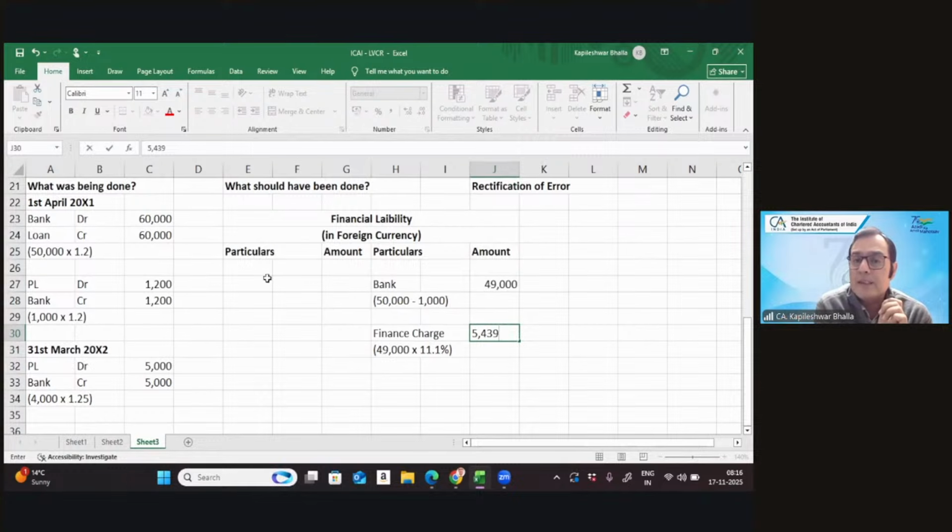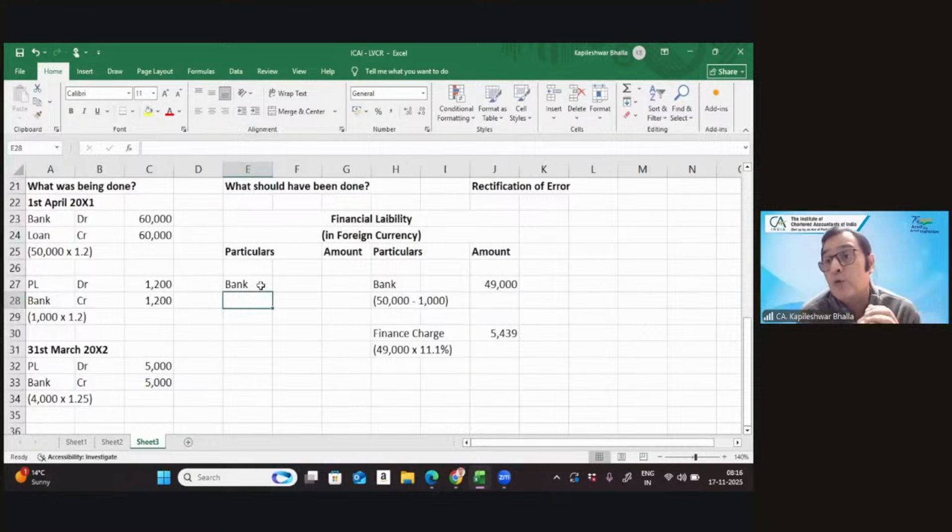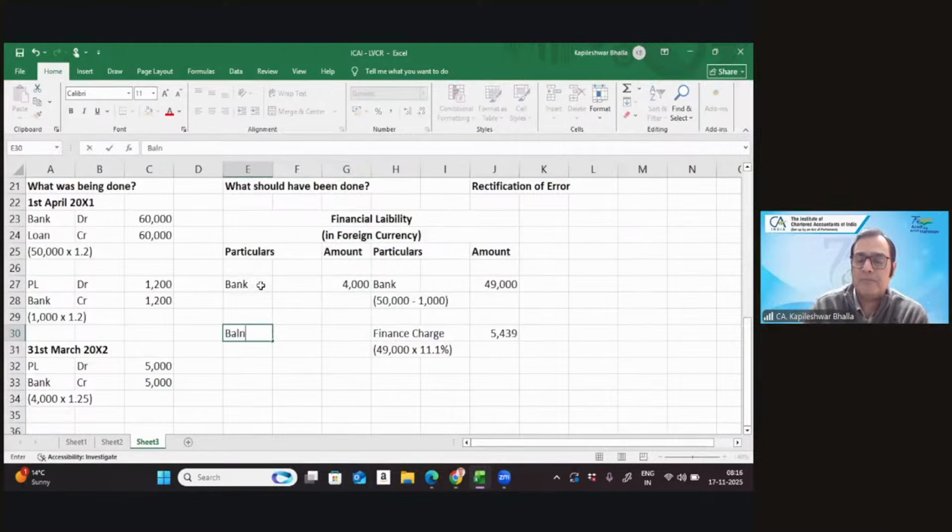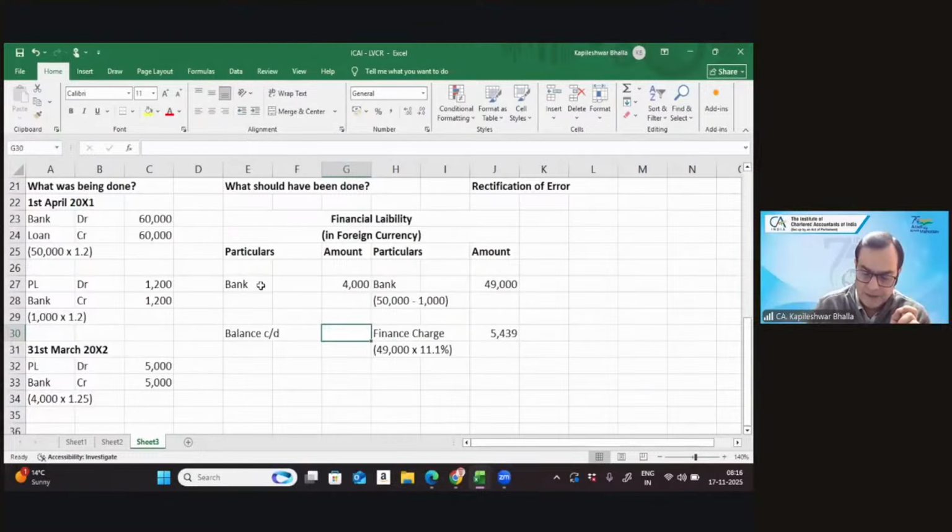So this gets recorded, and then at the end of the year, we also need to record the payment as well. This payment of interest is at the coupon rate, which is already given, to the extent of 4,000. So I think we can comfortably get the balance CD as a balancing figure. This is going to be appearing to the extent of 50,439.